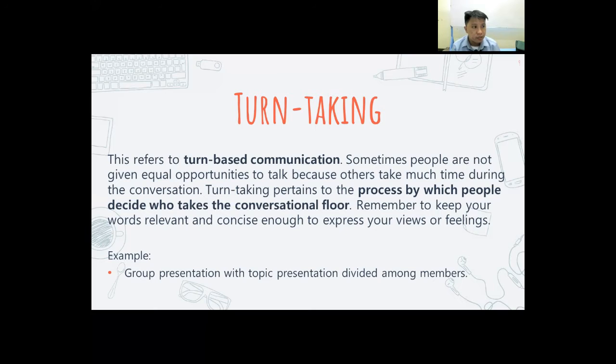So you must not talk over them when they are reporting or talking about something else. You need to make your words relevant and concise and your sentences meaningful enough to express your views or feelings efficiently.